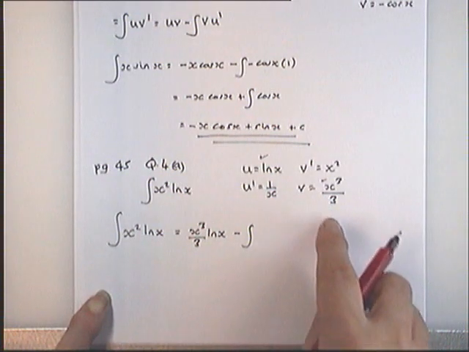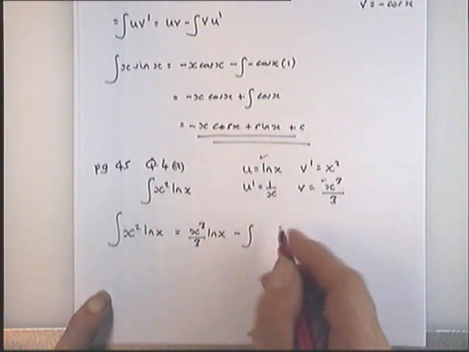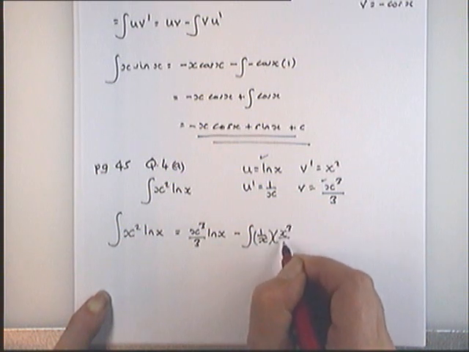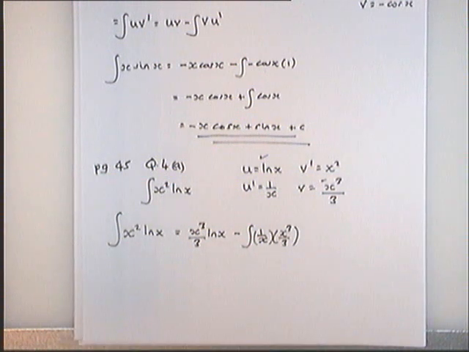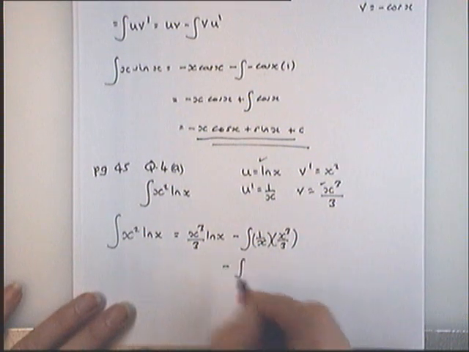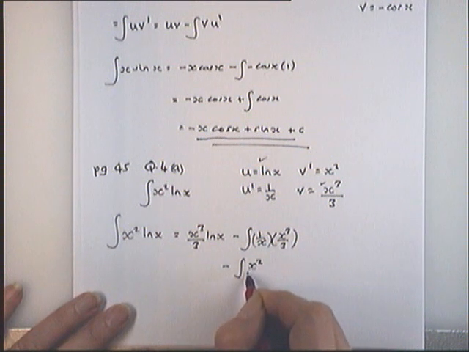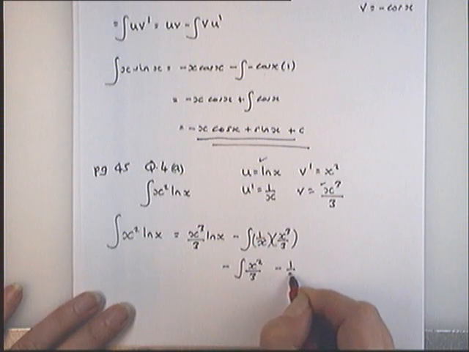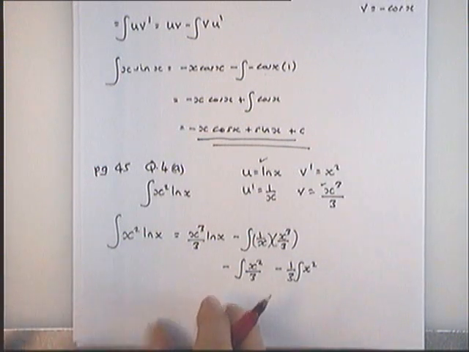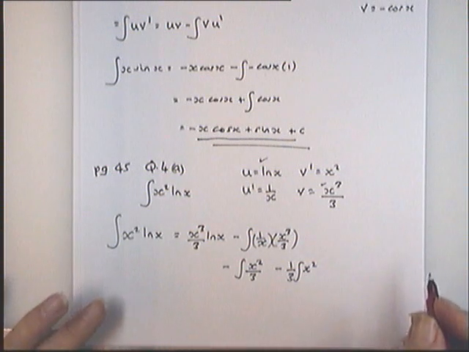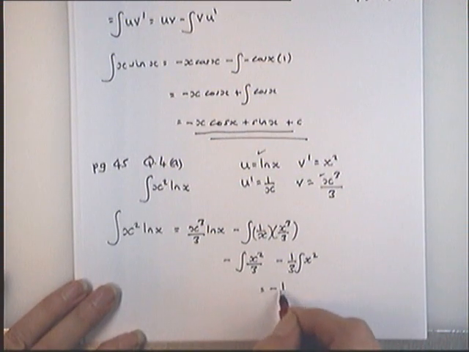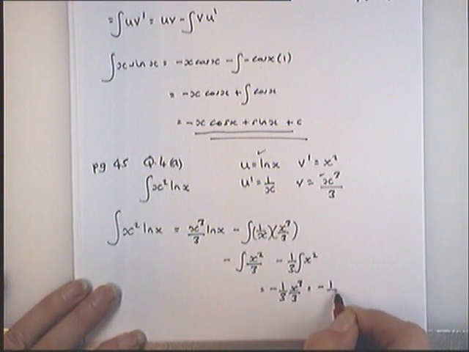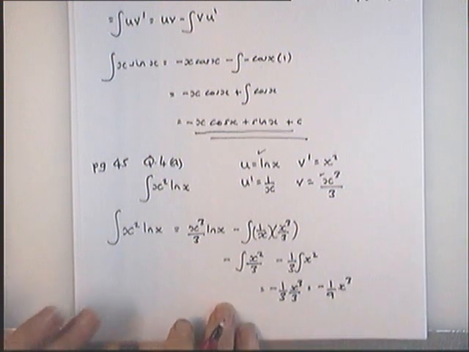Well, v times u' is 1 over x times x cubed over 3, and that simplifies to the integral of x squared over 3, and that simplifies to minus 1/3 the integral of x squared, and if we integrate that we get minus 1/3 x cubed over 3, which is minus 1/9 x cubed.